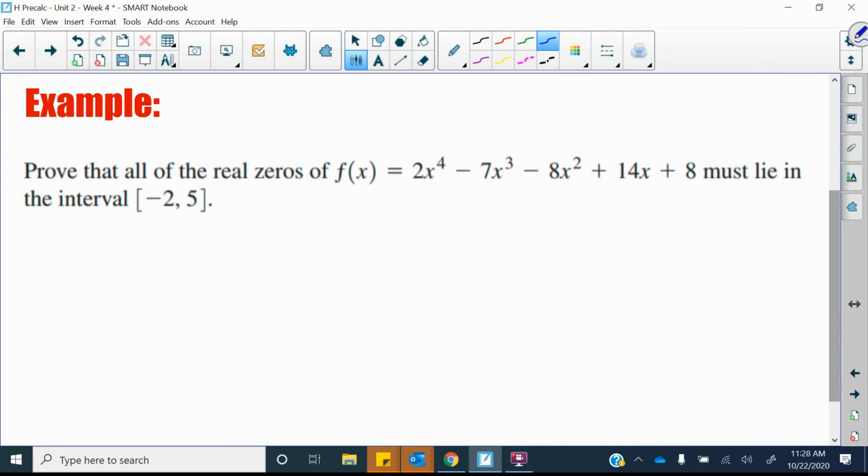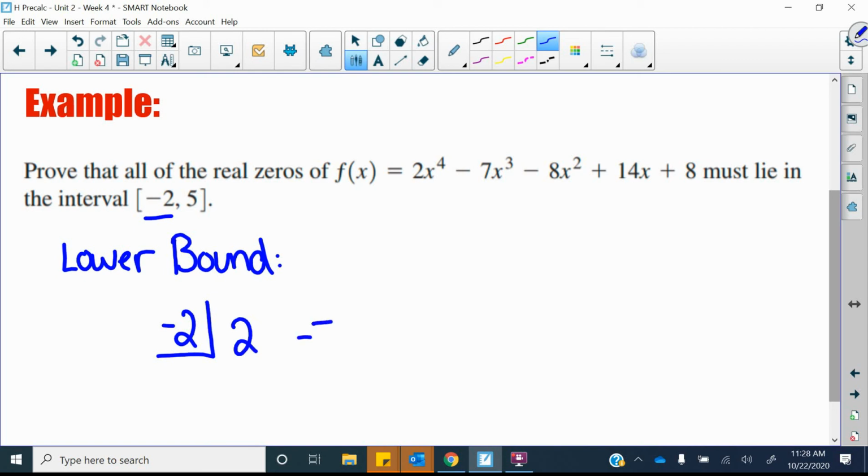So first we're going to check the lower bound, using -2, the smallest number. I'm going to put that inside of our synthetic division box where our divisor goes, and then the coefficients from the original polynomial: 2, -7, -8, 14, and 8.